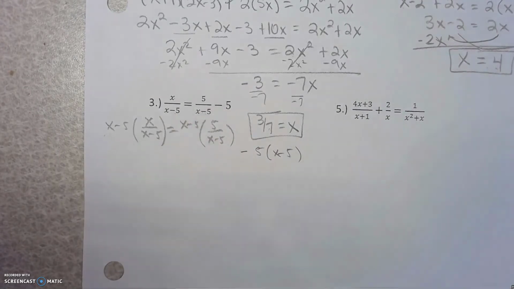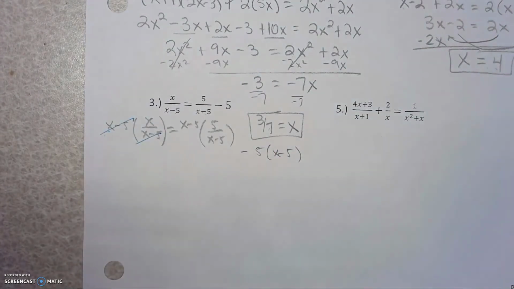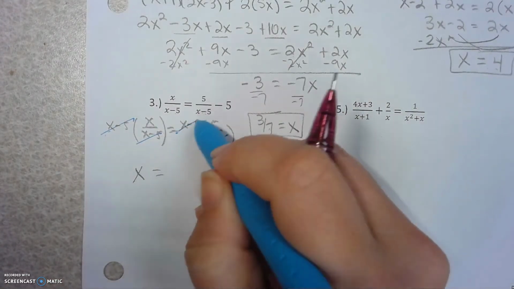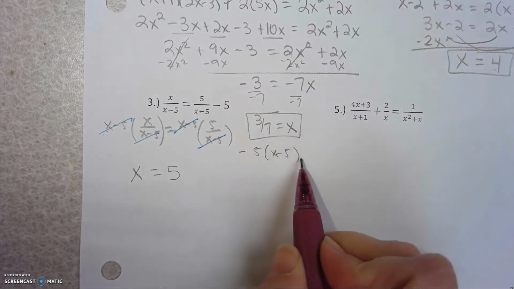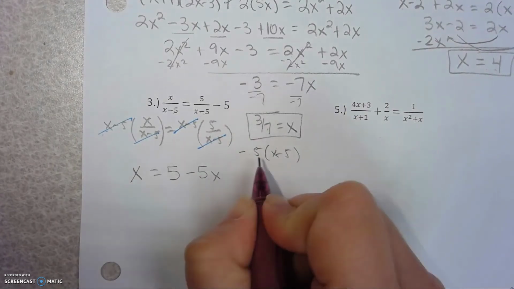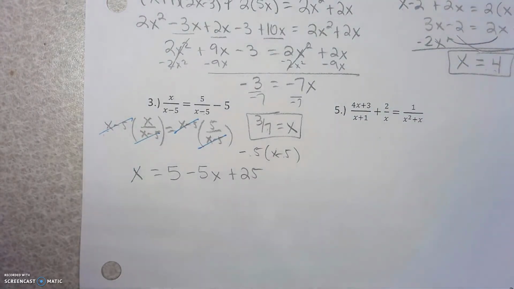That is the only denominator there is, so multiplying by it will cancel it out in both places. Here they divide out and leave me an x. Here they divide out and leave me a 5. Nothing to divide here, so I'm going to say negative 5 times x and negative 5 times negative 5 to get 25. Alright, so my fractions are gone.